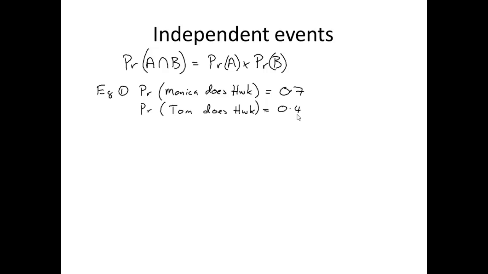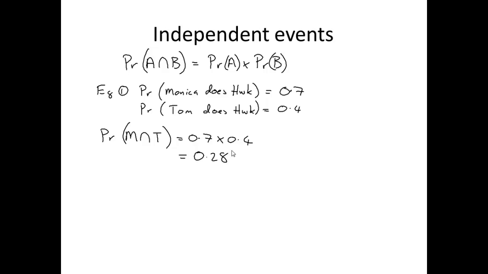I want to know the probability they both do their homework. So the probability that Monica and Tom, and is intersection, both do their homework is 0.7 times 0.4. Because these are independent events, I can just multiply them together.